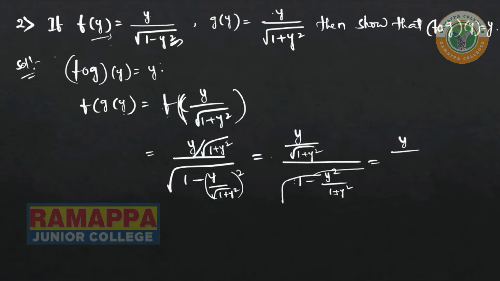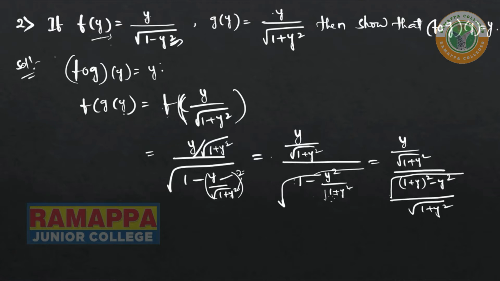And y by under root of 1 plus y square divided by 1 plus y square minus y square. Okay, so one thing will come here, divided by under root of 1 plus y square will also come. So this total root is there, I am dividing in the numerator for denominator. So here the root will cancel with the square. So for this one and this one, root will cancel.